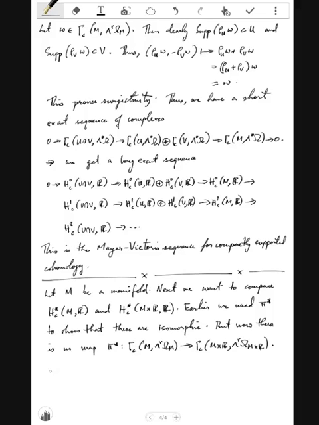However, we can modify the pullback as follows.